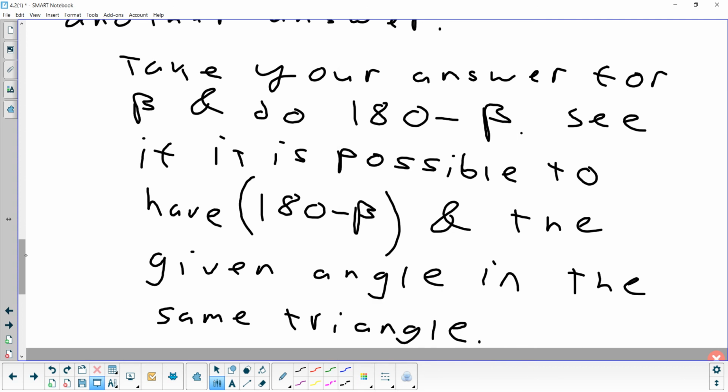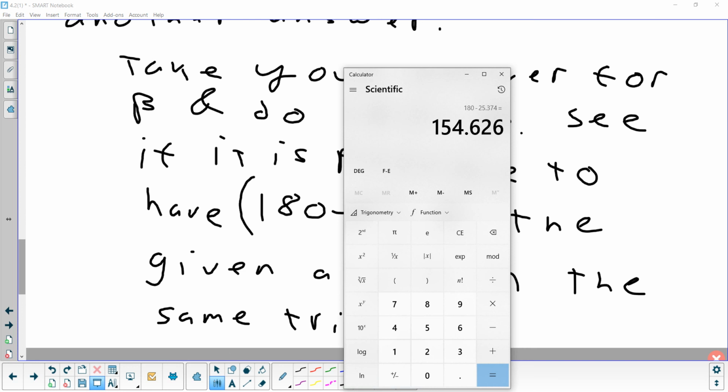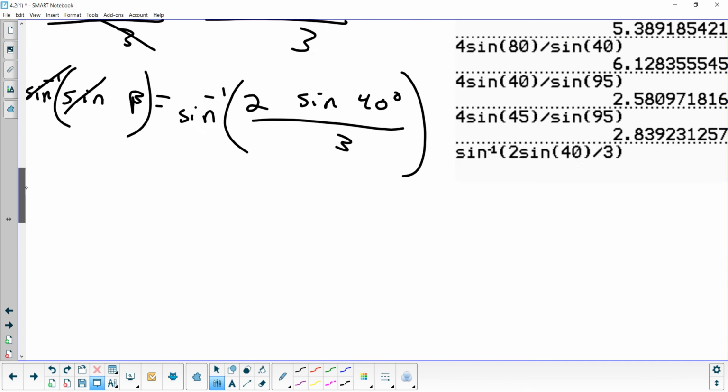What was the angle that I was given to start this problem? Yep, 40 degrees. Can you fit a 40-degree angle and 154.626 in the same triangle? No, why not? Because that adds up to more than 180.